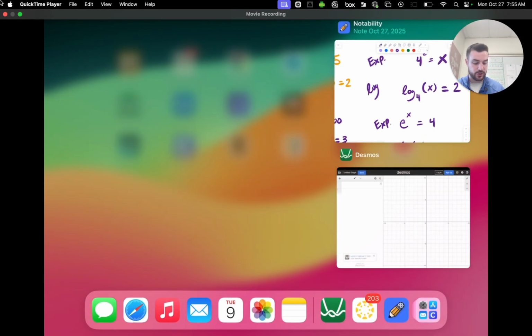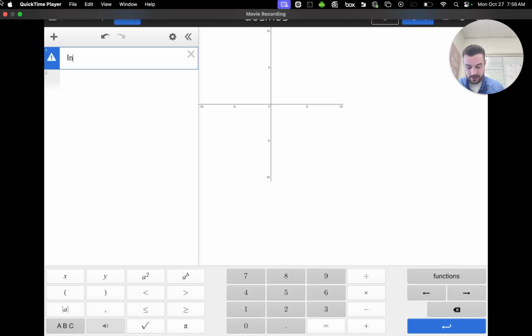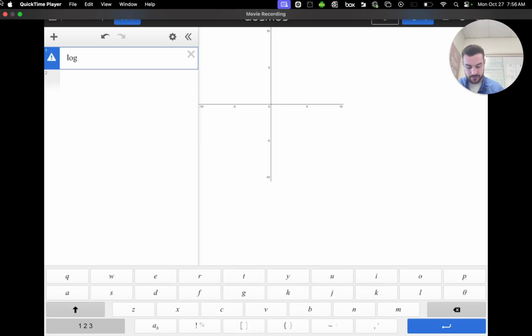You need to be pretty comfortable switching between the two and evaluating. If you want to, you can do this on a calculator as well. For natural log, you could just type in ln and our value. If we want to do a common log, again, you could just type log.